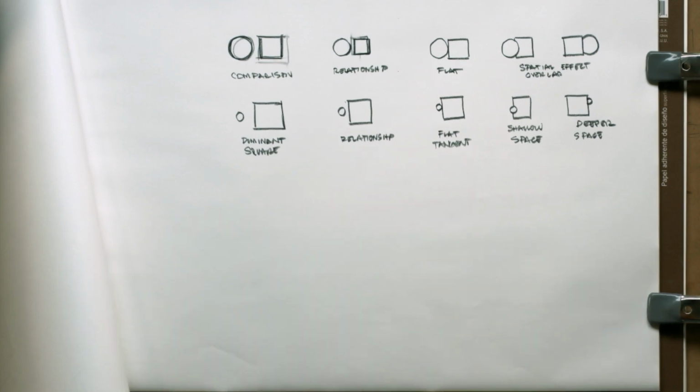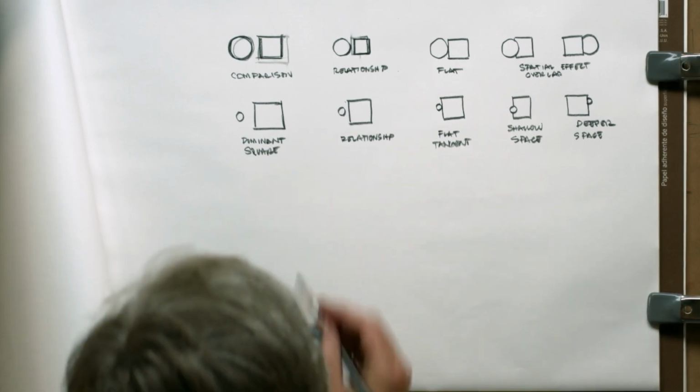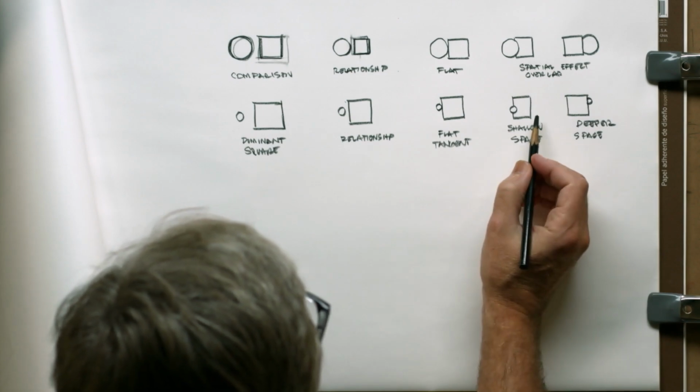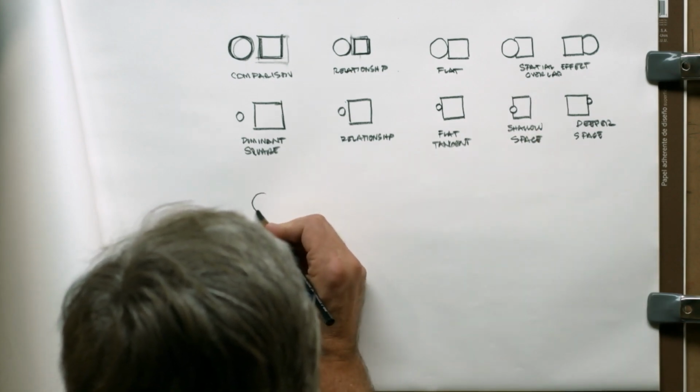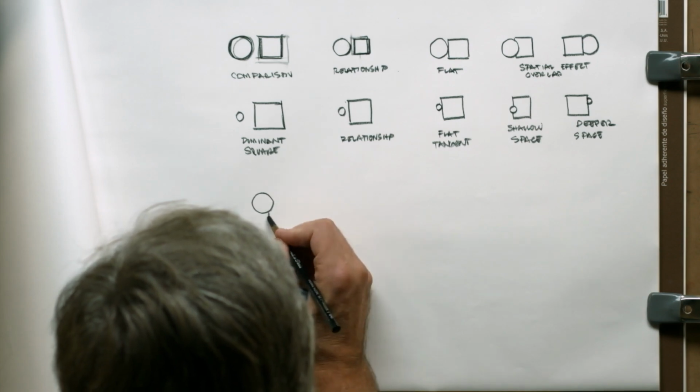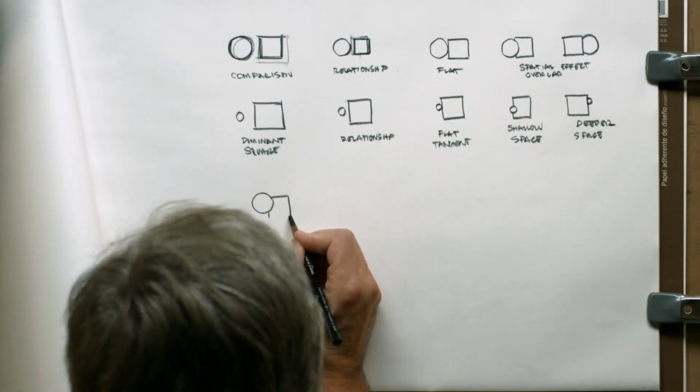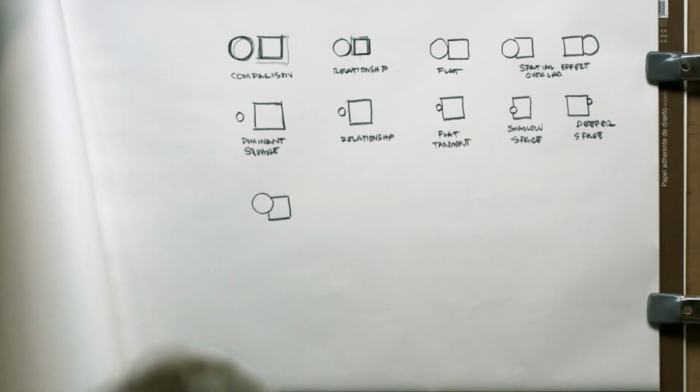So we can also take a look at this. This is a size dominance, right? But if we're dealing with the same size, I've got a circle and a square that are the same size.